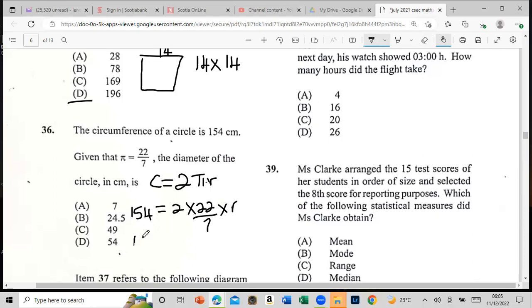So it's 154 times 7, and then divide by 2 times 22. So 2 into this, 1 into this, 7, carry 1, that's 77. We're going to divide by 11 now. So 11 into this goes 2 times, 11 into this goes 7 times. What did I do?